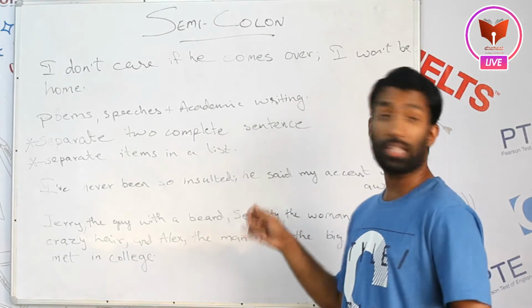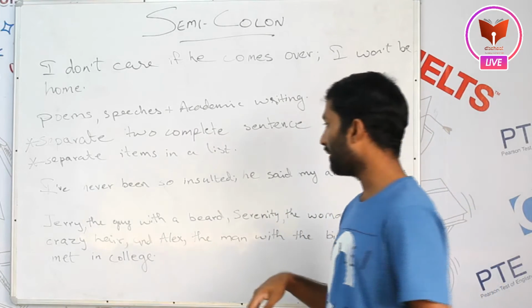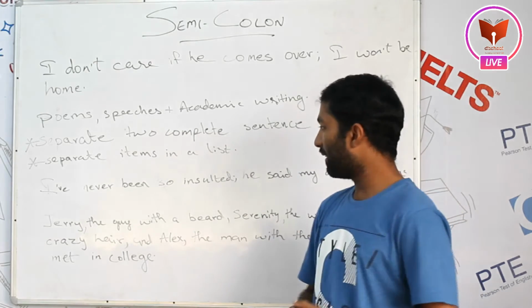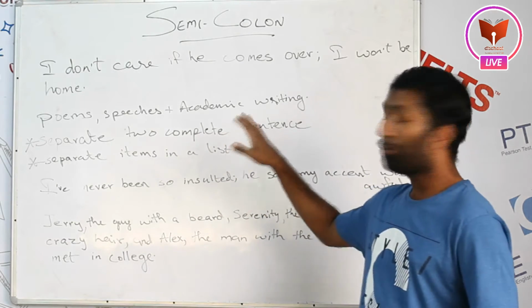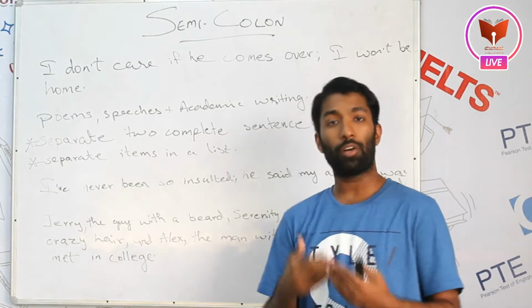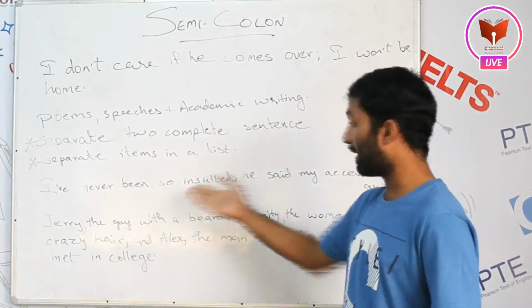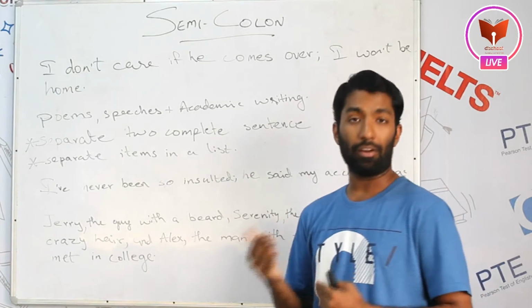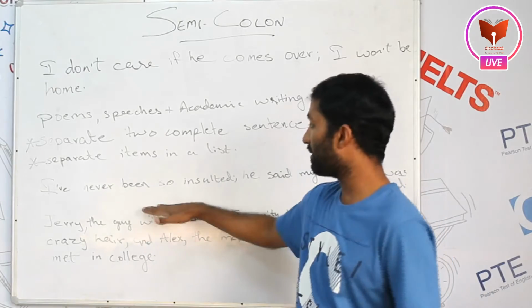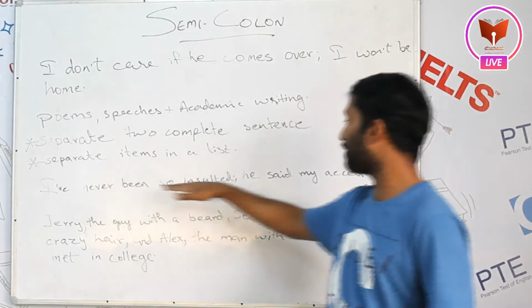If you use a comma, then that becomes a run-on, which I have talked about in my previous videos. So the thing is, you use a semicolon to show that the person who is talking is at the end of a thought, but then there is a second part to it. I have never been so insulted.